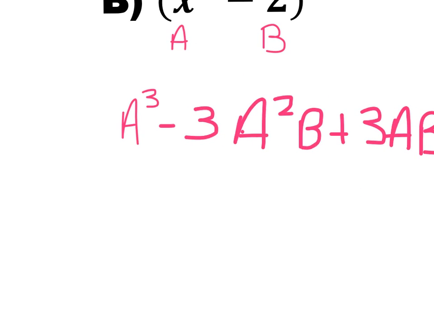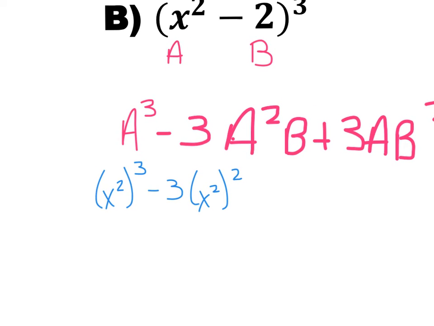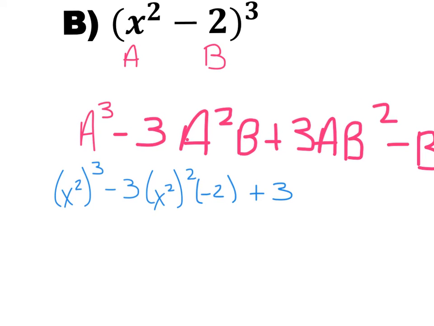Instead of A, I'm going to have x squared cubed minus 3 times x squared squared times 2, then I have plus 3 times x squared times 2 squared.